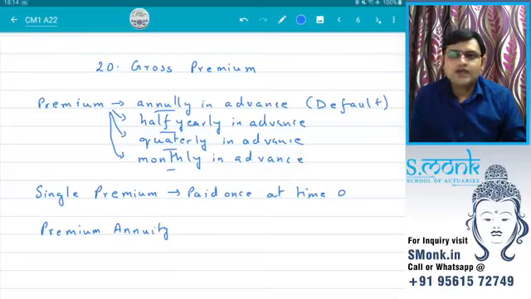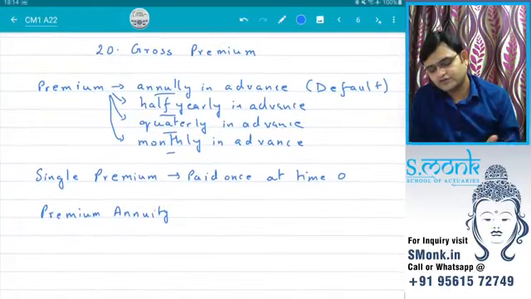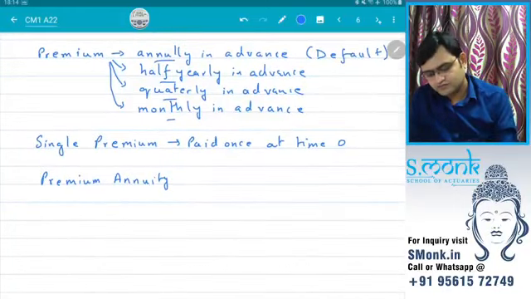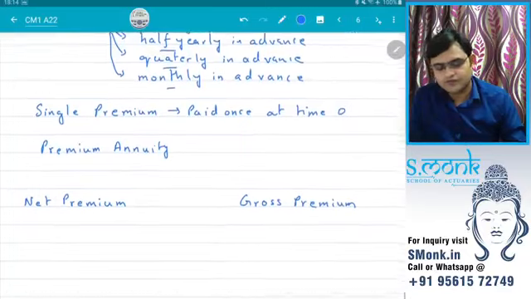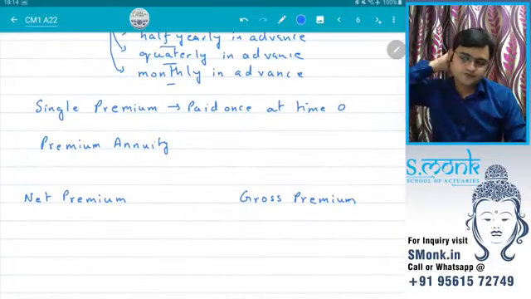So now, how do we calculate the premium? That is a big thing. First of all, we have 2 types of premium. We will have net premium, and we will have gross premium. Okay. So net premium and gross premium, what is the main difference?